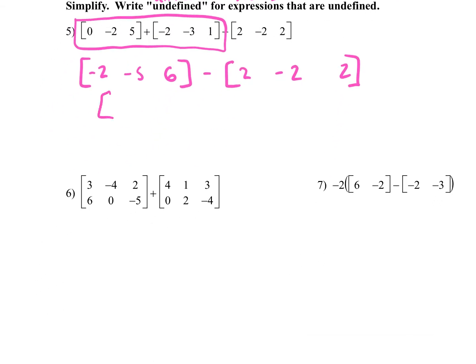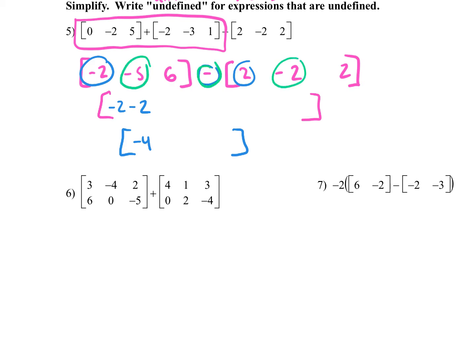So here I have -2 minus 2. What's -2 minus 2? -4. Next, I have -5 minus -2.